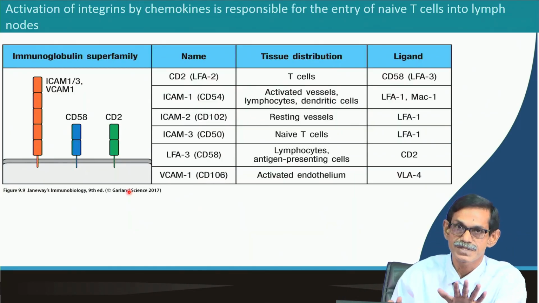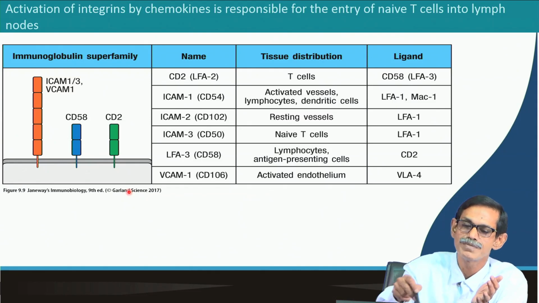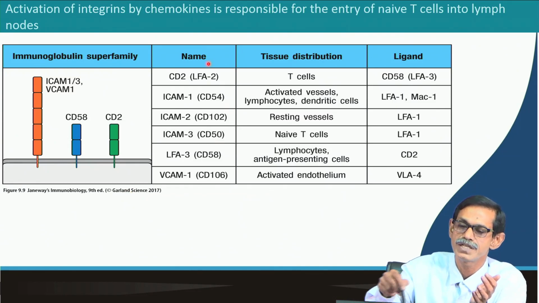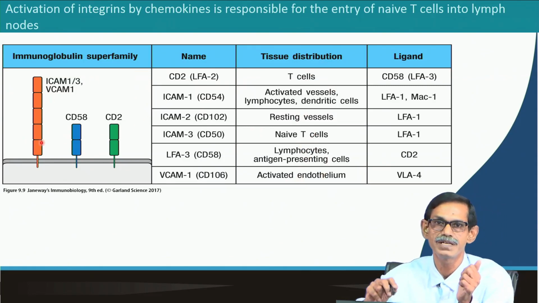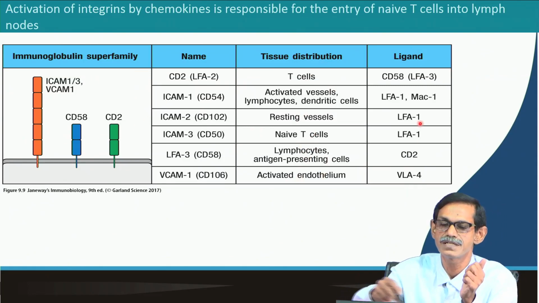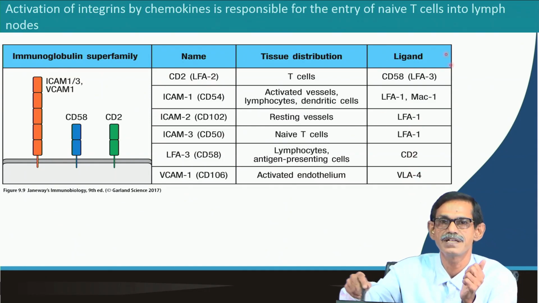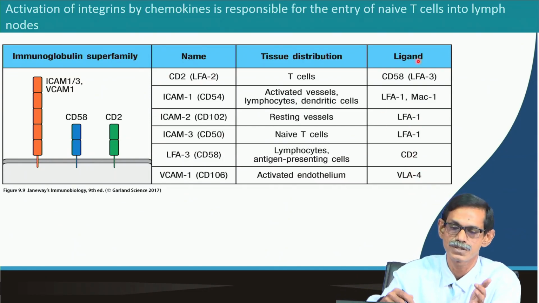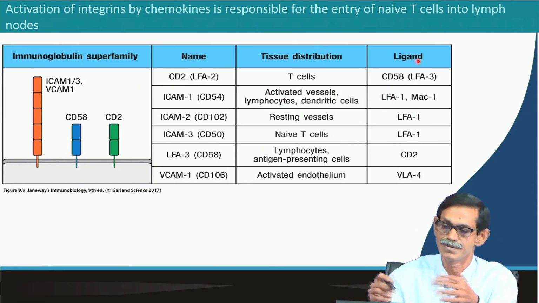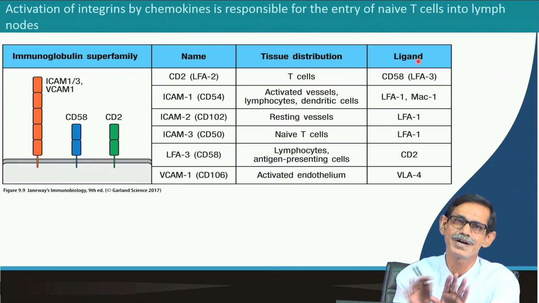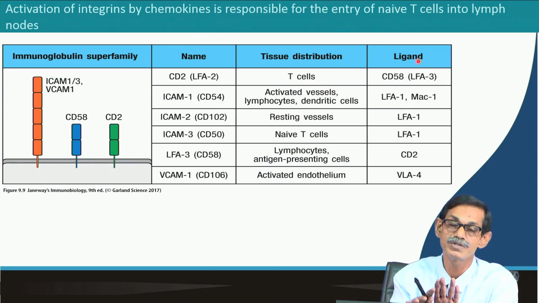This is just a summary, I mean not a summary, this is just a few of these proteins and their distribution. This is some superfamily. So, what are their ligands? This is the receptor and this is the ligand, and where they are present. Okay. So, you do not have to remember, I am just showing, you can make this list very long. If it is possible you can, but there is no point in it to understand immunology or the immune system.